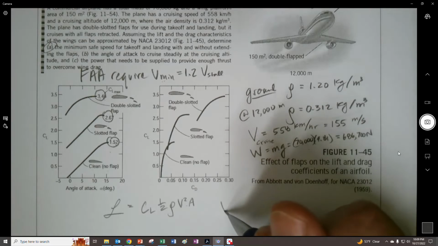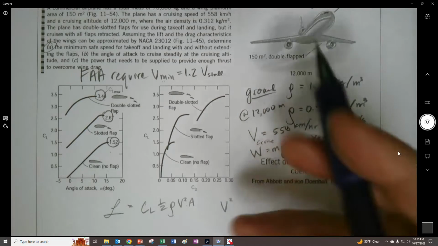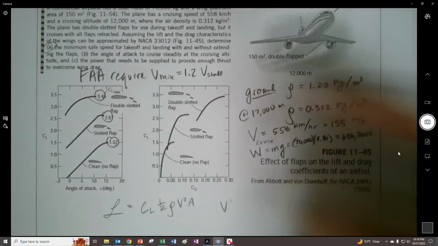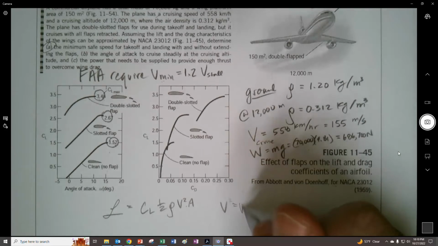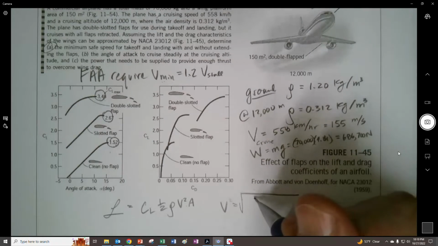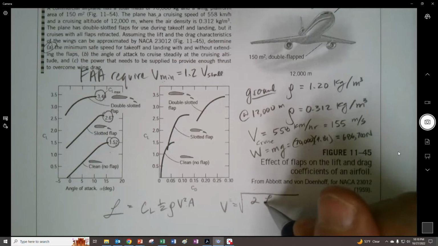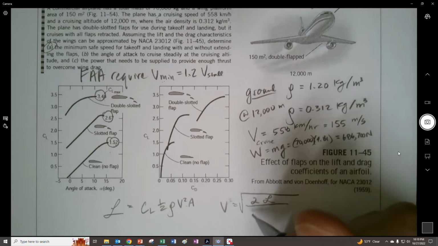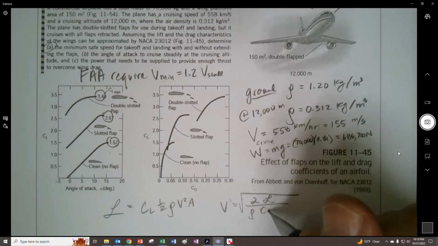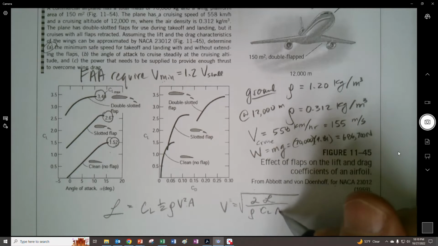So we can solve for v by taking the square root of 2 times the lift divided by rho, the lift coefficient and the area.